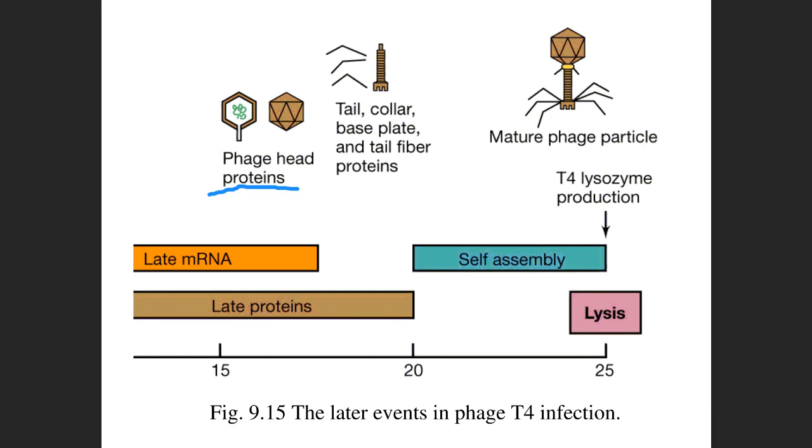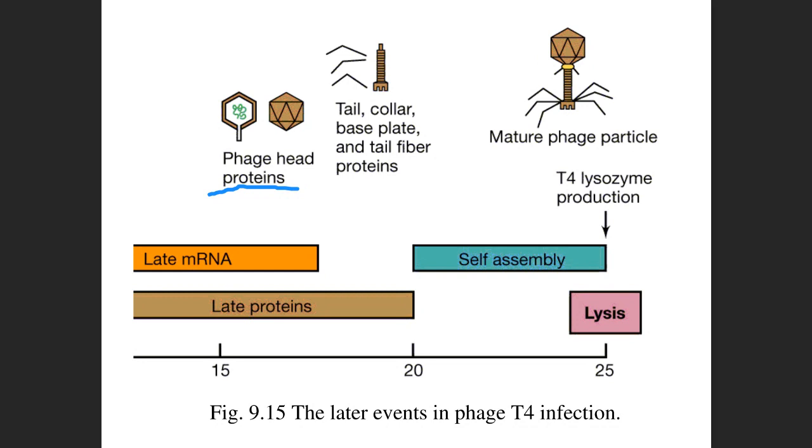Now the phage can't really check which DNA is what, right? They go by the size. If it's the right size, then they know it's the phage DNA because they want to pack the fully assembled, complete phage genome.